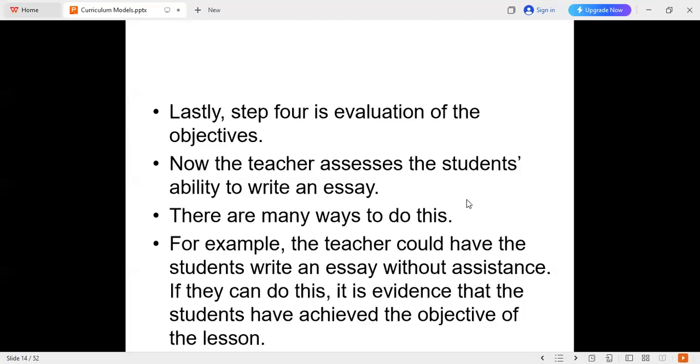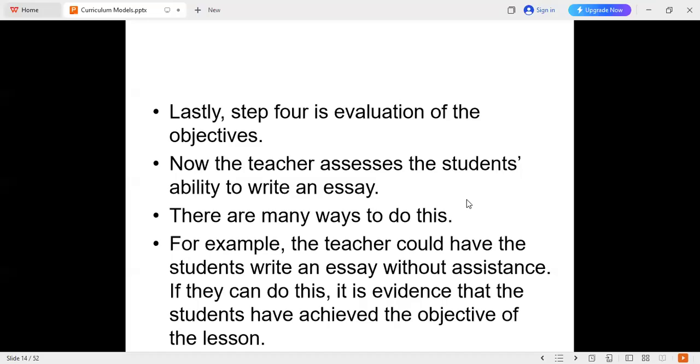At the end of the lesson, we evaluate the children. Now continuous assessment, formative assessment, is very famous, but the weakness of Taylor's model is that there is no continuous assessment.